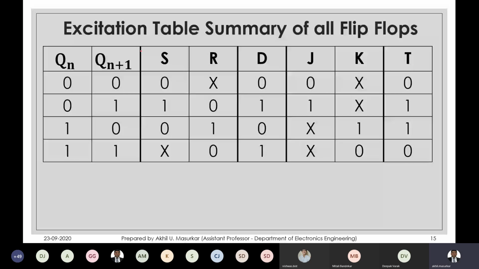So please write it down. So these are your outputs actually, and these are the inputs of SR. This is the input of D. This is the inputs of JK, and this is the input of T. So this is the SR flip-flop excitation table. This is the D flip-flop. This is the JK flip-flop, and this is the T flip-flop.